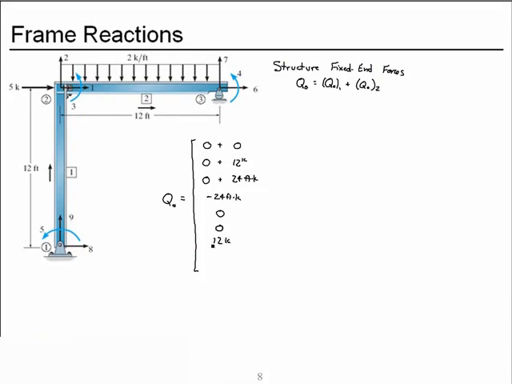Then degrees of freedom 8 and 9, which are only attached to member 1, but we saw that member 1 has all zeros for its fixed end forces for this problem.